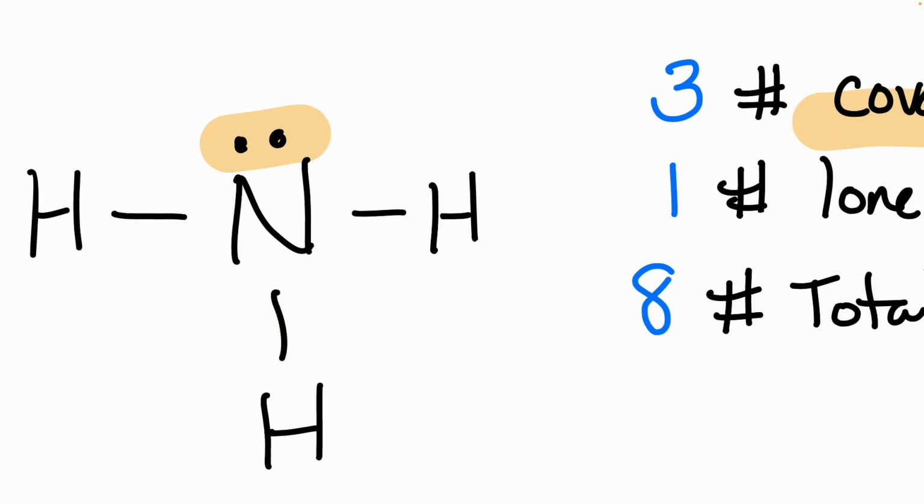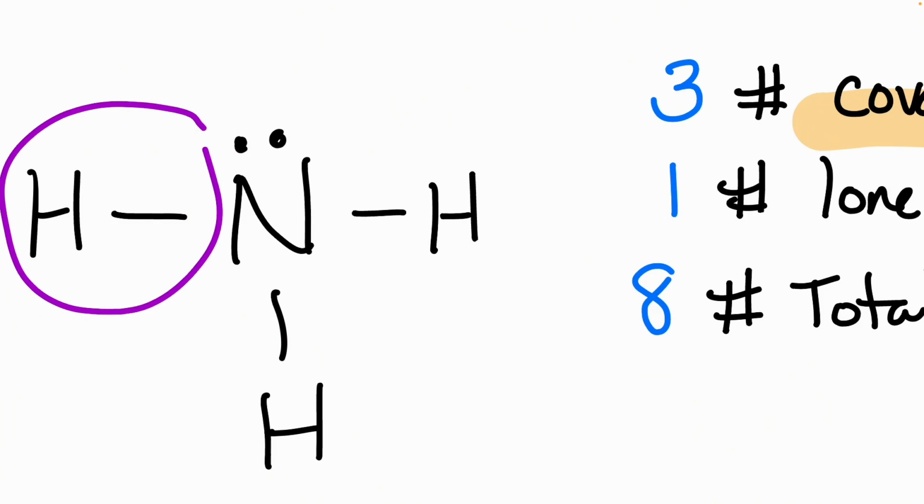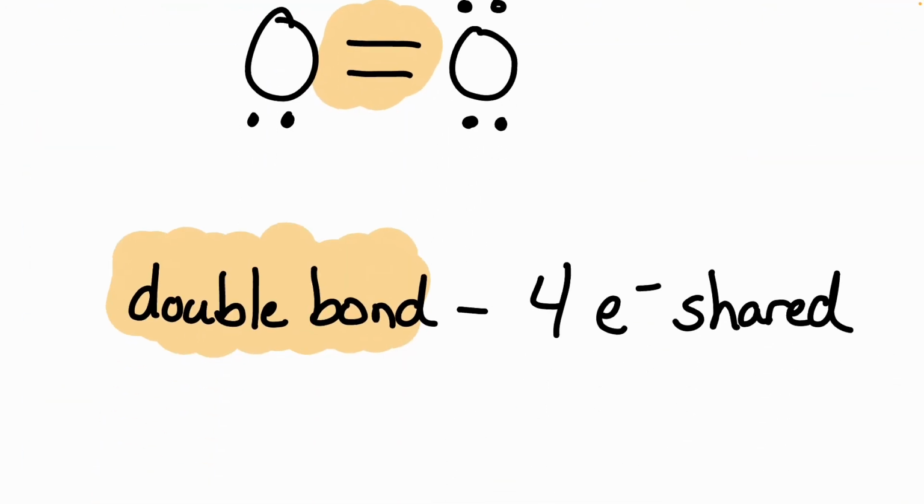But if we look at each hydrogen, focusing just on our hydrogen here, each hydrogen only has 1 bond. Each bond is again composed of how many electrons? 2. And those 2 are all hydrogen needs to fill its octet. It can't fit any more. It's too teeny tiny small of an element. All right, so hydrogen, our octet rule is just 2 electrons.